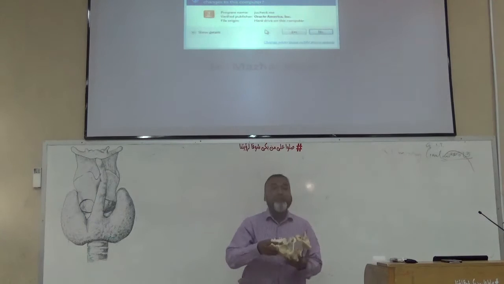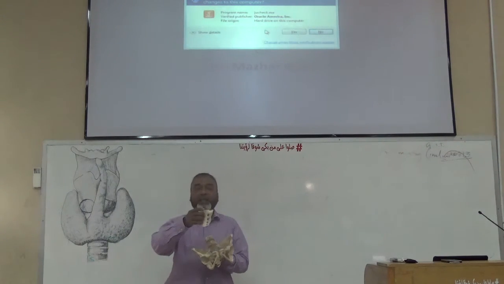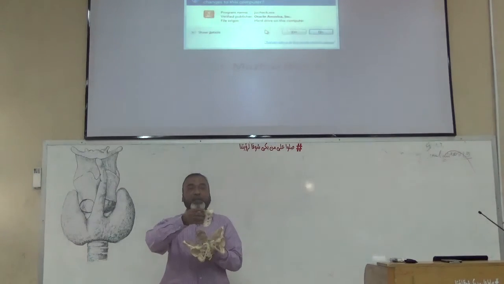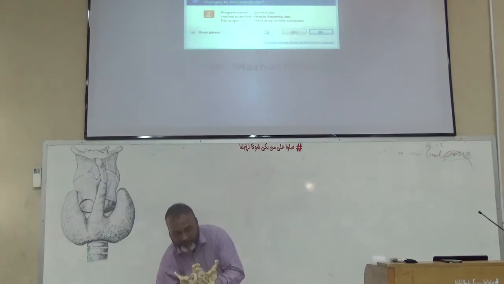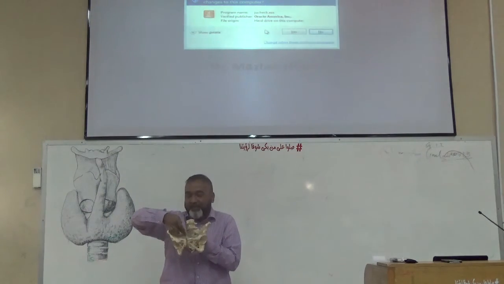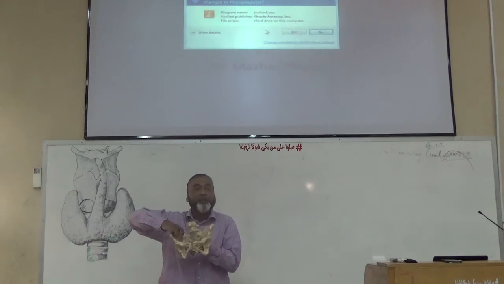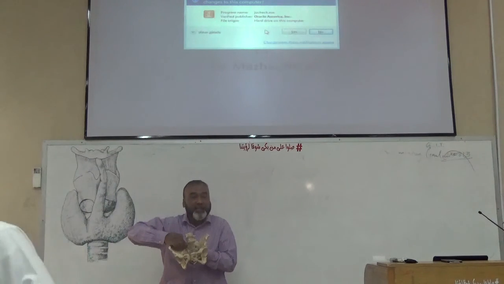And I am talking about the iliopectineal line. The iliopectineal line starts in the middle from the sacral promontory, and then it passes laterally over the iliac bone.